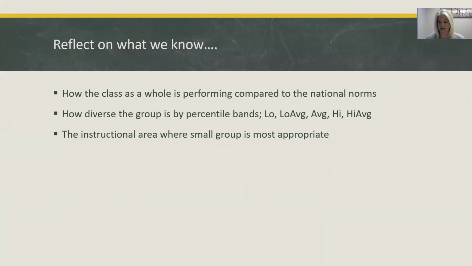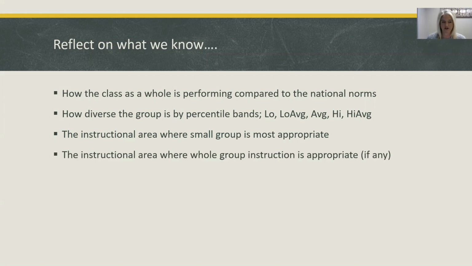Is there an instructional area where small group is most appropriate? And I'm just going to start with one in mind. I'm going to get really good at that, and I'm going to start to expand it out to the others. Right? So we can eat this elephant one bite at a time. Gives us a starting point. Is there an instructional area where whole group is appropriate?